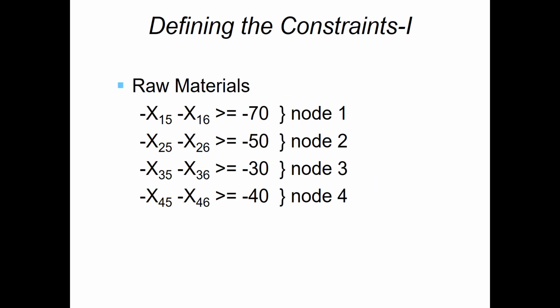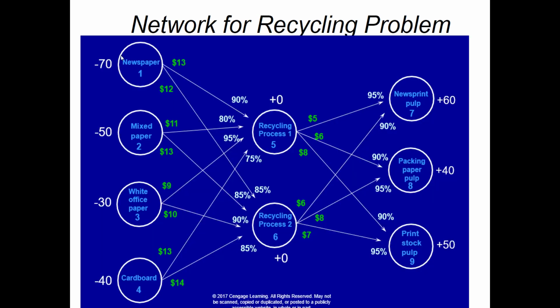The constraints that we have: node 1 has 70 tons of newspaper, and the newspaper can be sent out into 2 recycling materials.